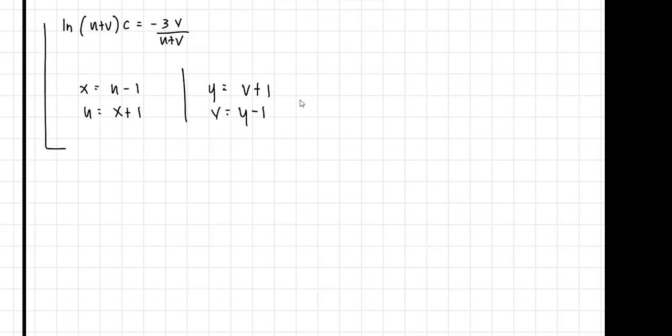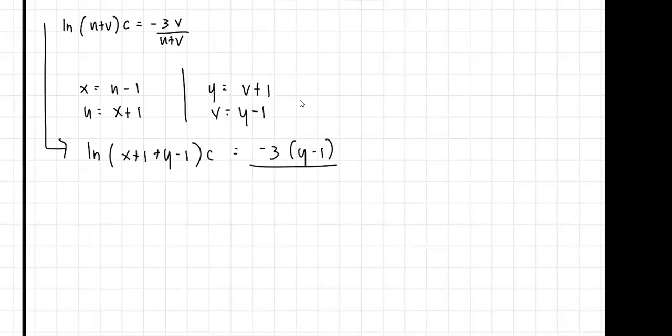Okay? So, substituting that value. So, ln, u natin is x plus 1. Ang v natin is plus y minus 1 times c is equals to negative 3 times y minus 1 over x plus 1 plus y minus 1. Okay, simplify.